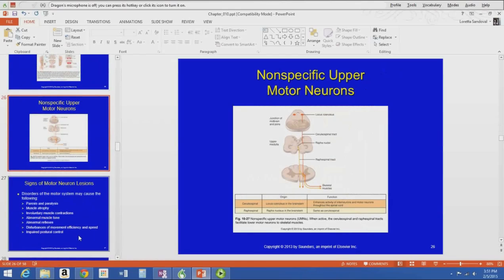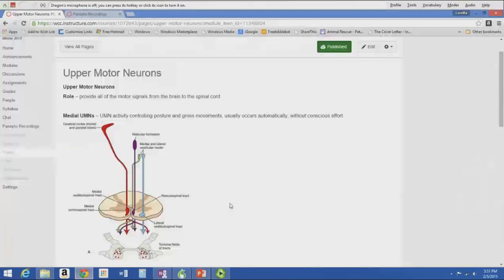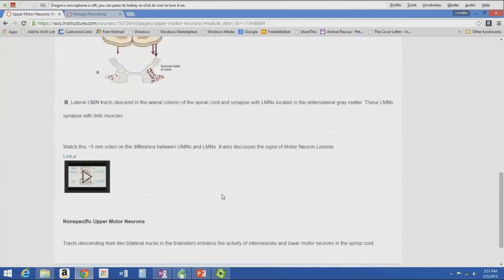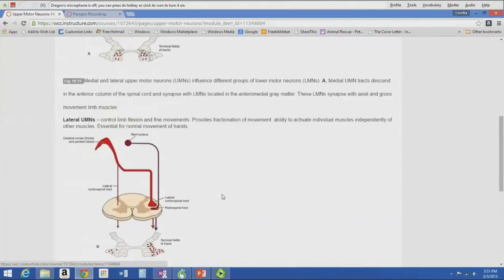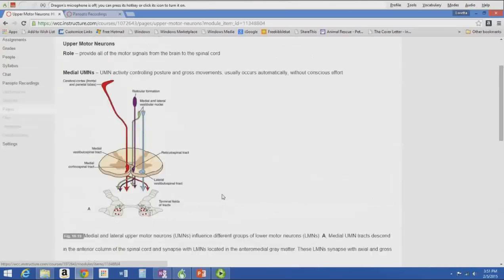So we're not really going to talk about the nonspecific ones. Let me just talk about a couple other things with the upper motor neurons. I just have the information arranged a little bit differently in the module. So just remember, the upper motor neurons provide all of the motor signals from the brain to the spinal cord.